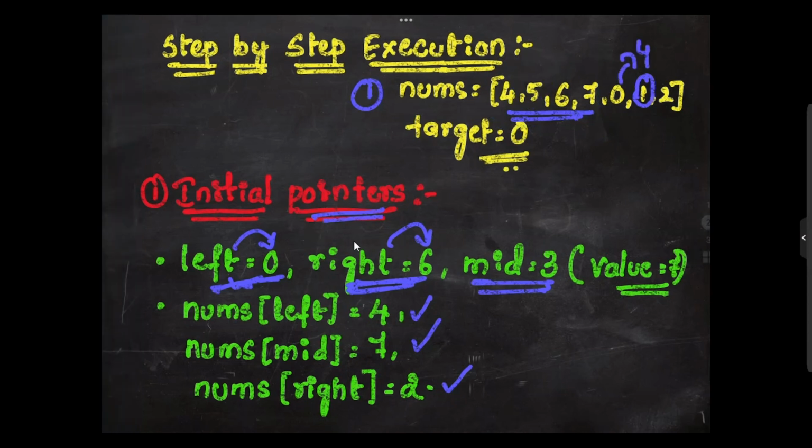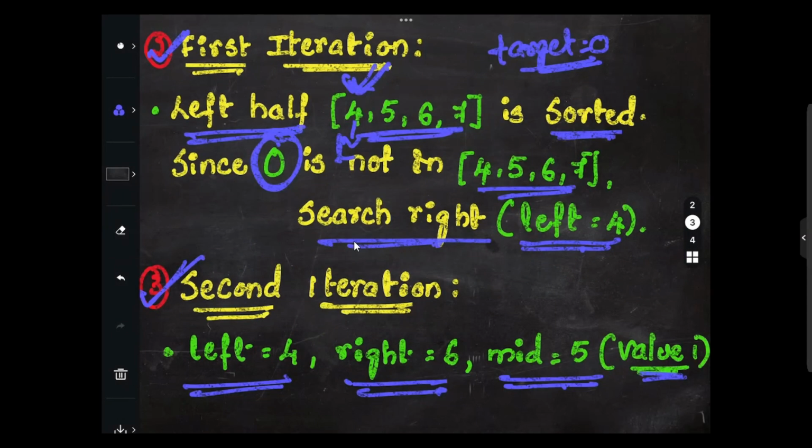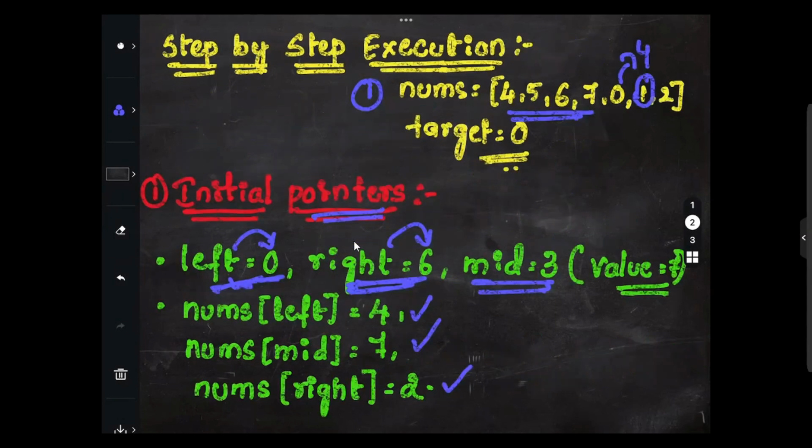Left equals 4 and right equals 6. Mid is nothing but this one, 5 with a value 1. So this is fine.